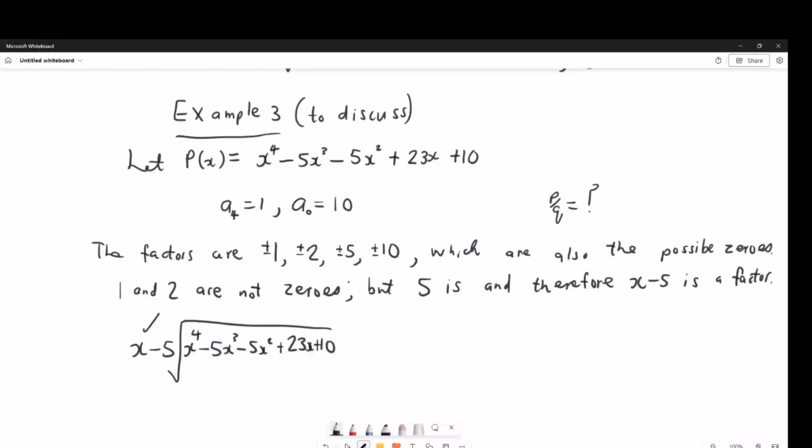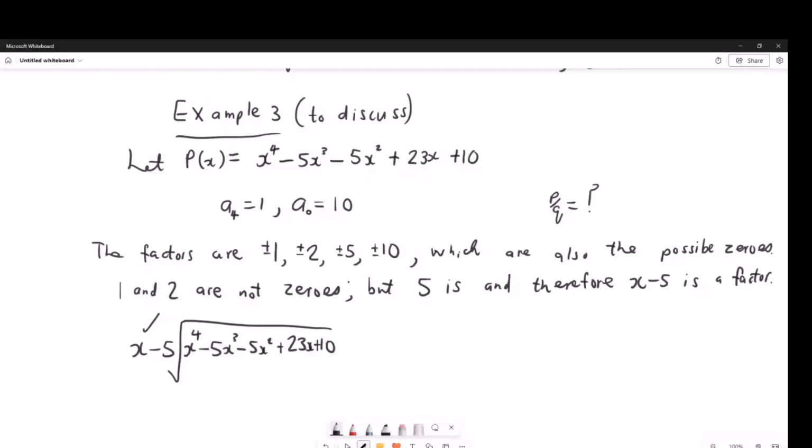Then I do the multiplication again, same procedure. x times x cubed is x to the 4, and negative 5 times x cubed is negative 5x cubed. And I subtract.